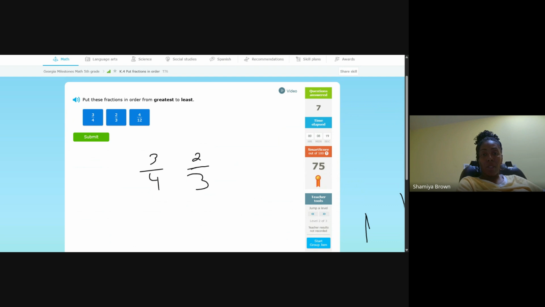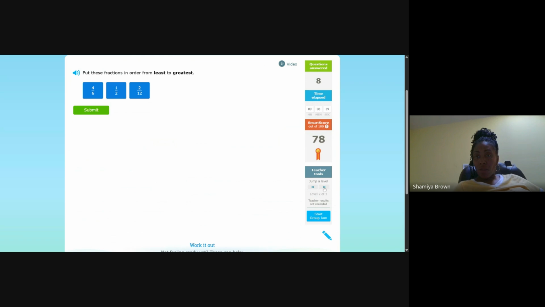Also, I can think about the denominators are very close. So yeah, 3 times 3 is 9. 4 times 2 is 8. So yep, 3/4 is bigger. So greatest to least, this one, and this one.